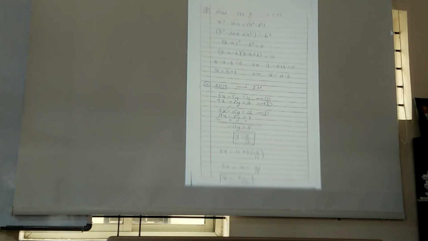What is the quadratic equation given? X square minus 2ax plus a square minus b square is equal to 0. When you solve this quadratic equation, you will get the factors, so your x value will be either a plus b or a minus b.